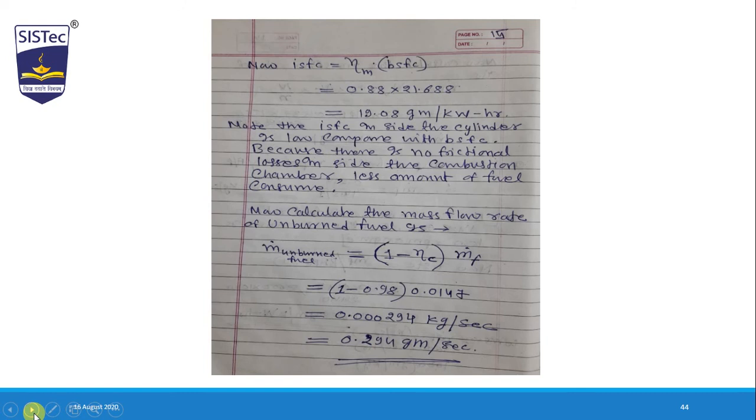The relationship is: mass flow rate of unburned fuel is equal to 1 minus combustion efficiency multiplied by the mass flow rate of the fuel. So finally we get the answer, it's 0.000294 kg per second or 0.294 gram per second. This is the value of unburned fuel.